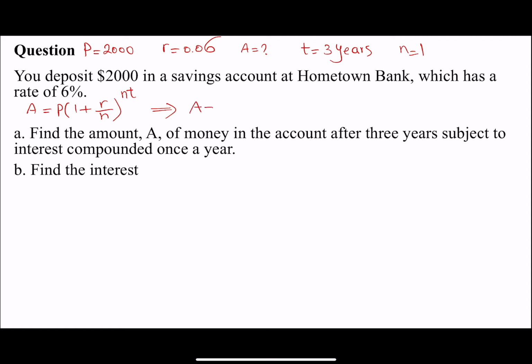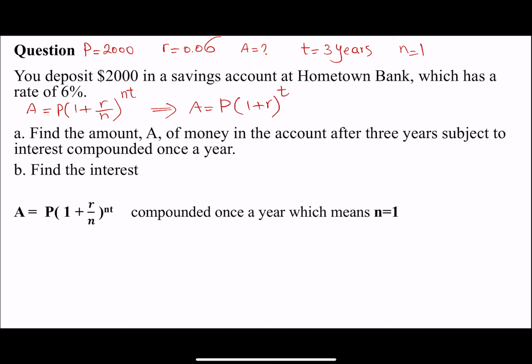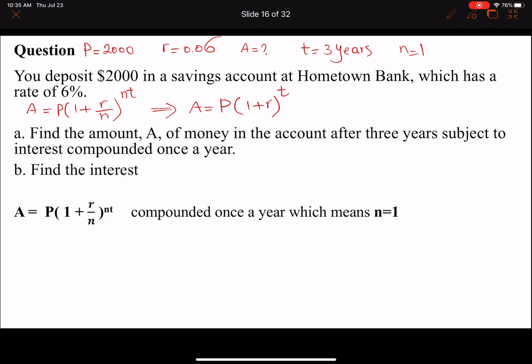So A is equal to P times 1 plus r to the power of t, because n is equal to 1. So A is equal to 2,000 times 1 plus 0.06, to the power of t, where t is 3.